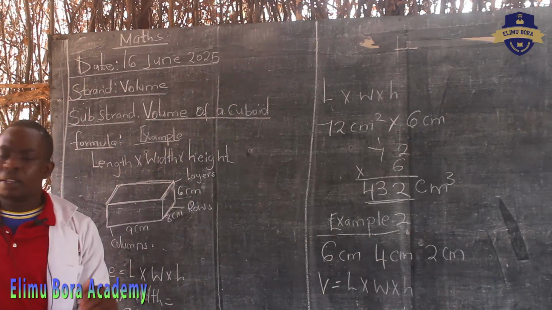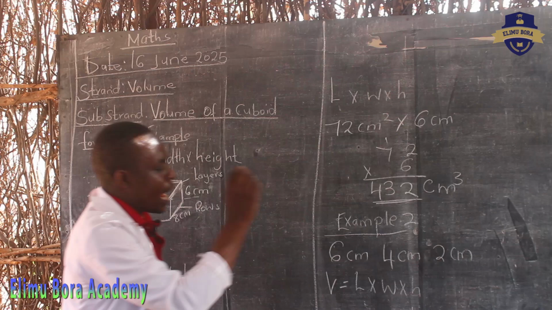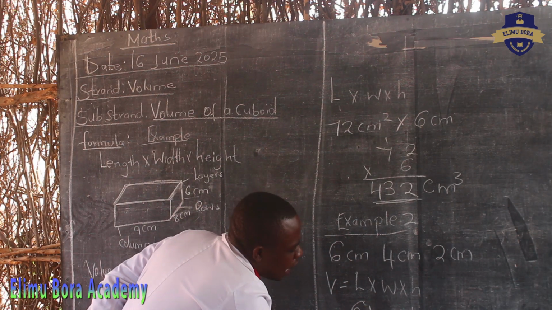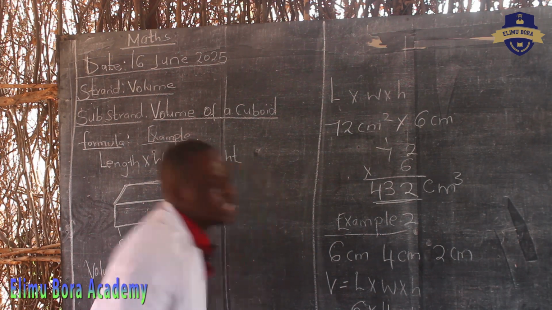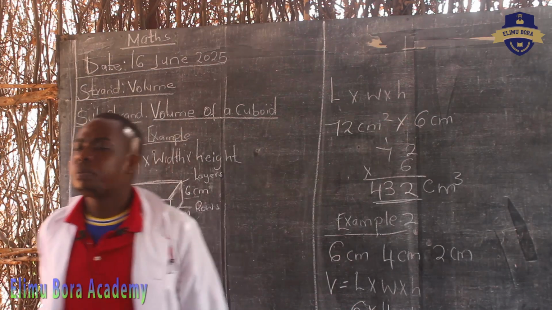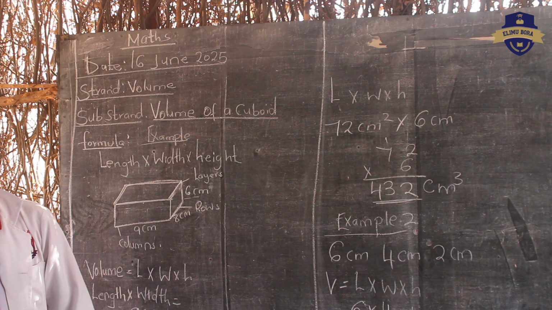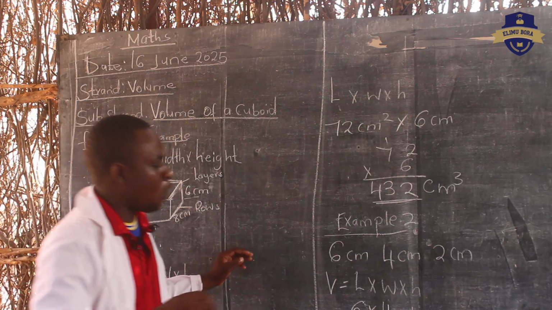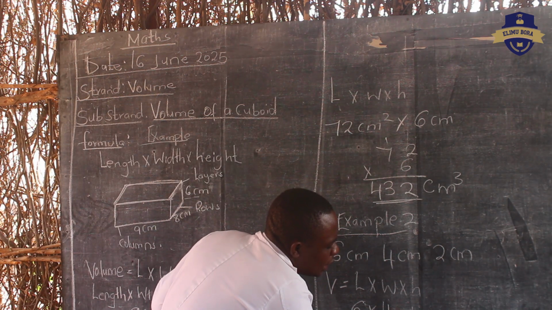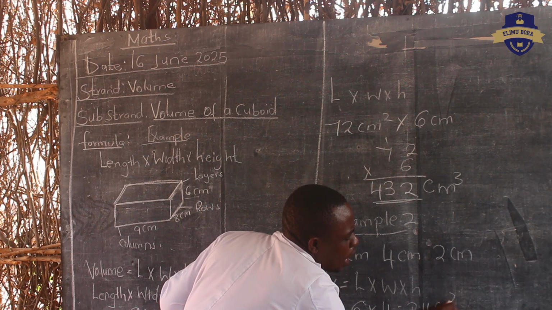Are you getting it? Yes. Now we write 6 times 4 first. 6 times 4 is 24. So we write 24 centimeter square.